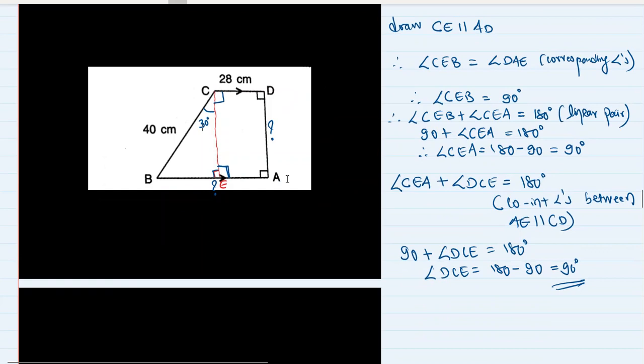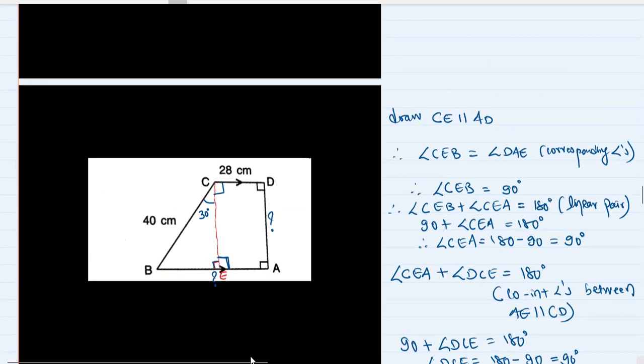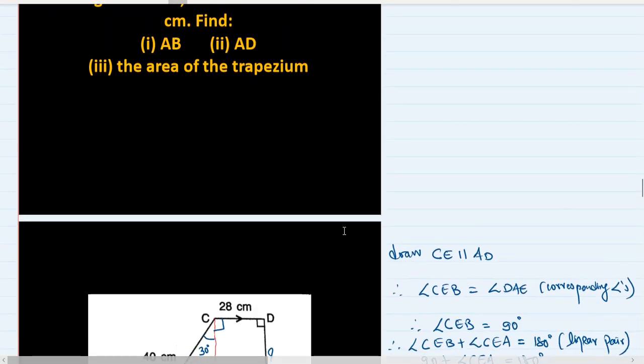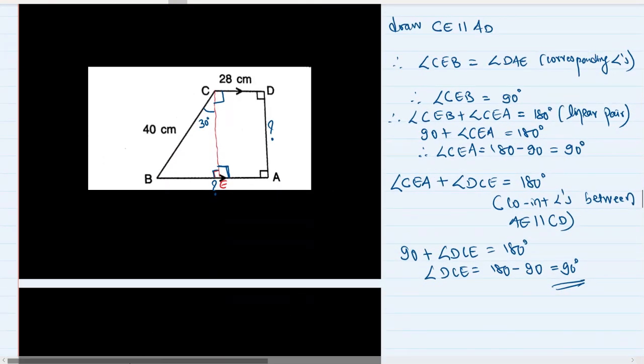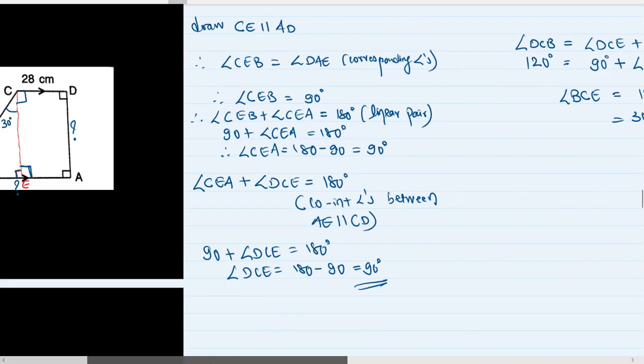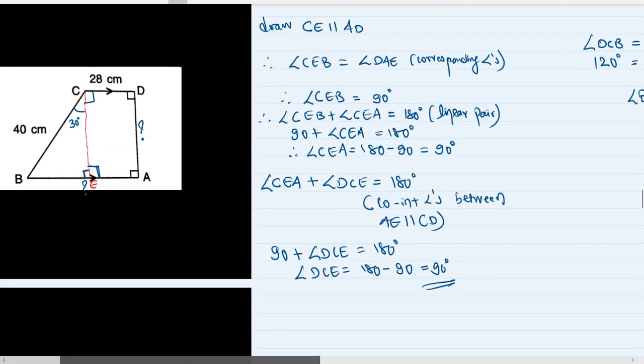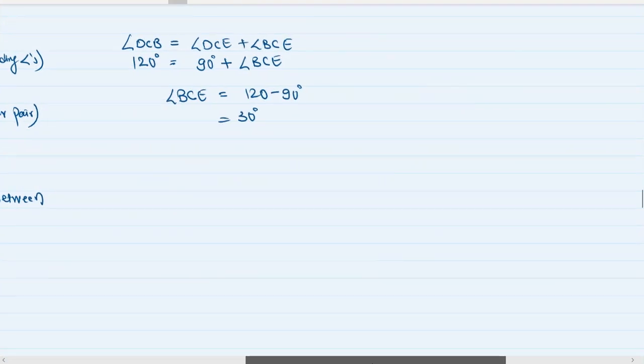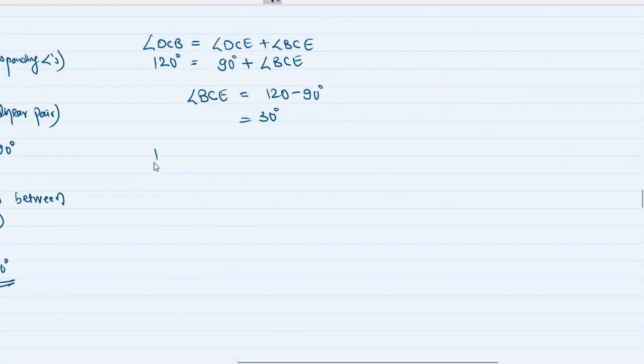Now we can easily find two sides in triangle BCE. One is BE and the other is CE. Let's find BE and CE in triangle BCE.